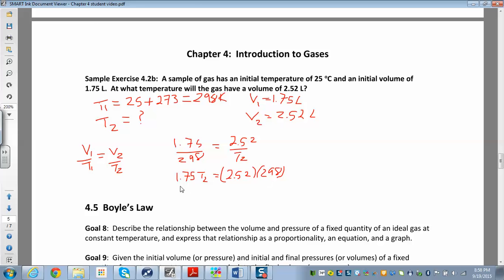And then I just have to divide by 1.75. There's a lot of ways to do this. So if you thought of a different way to do it and you get the same answer, that's okay. It's just math. And then when you work all that out, you get T2 is like 429 Kelvin.